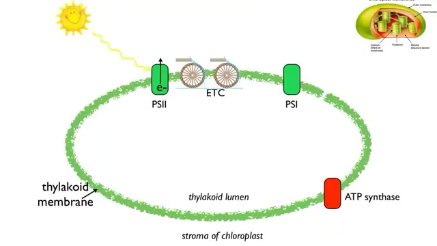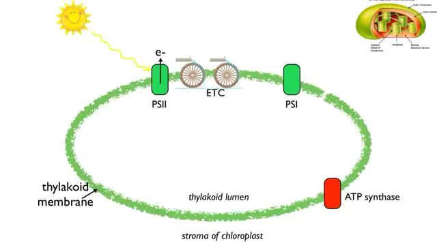When light strikes photosystem 2, it's going to get bounced around until it hits the reaction center. And there, the electrons in the center are going to be increased in energy state, just like we saw before. But instead of the electron just falling back down and fluorescing, that electron's energy is going to be captured by proteins in the thylakoid membrane called the electron transport chain, kind of like water wheels.